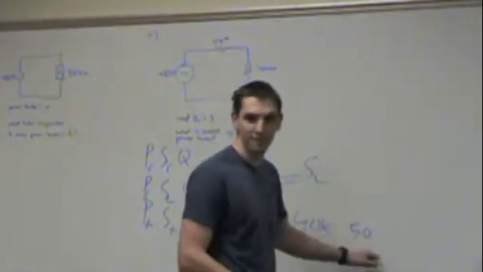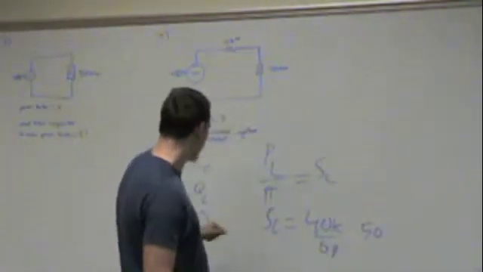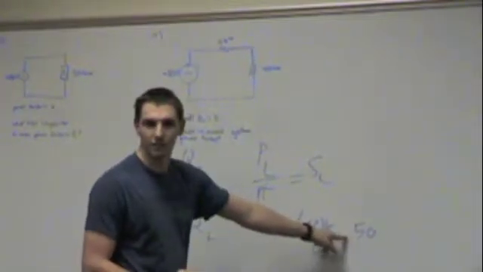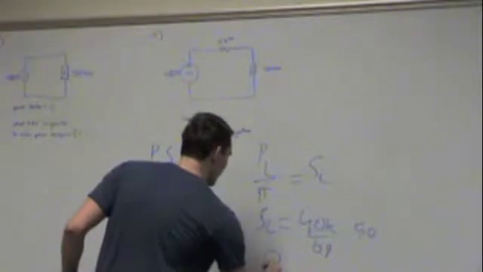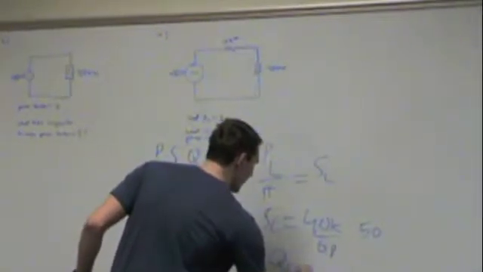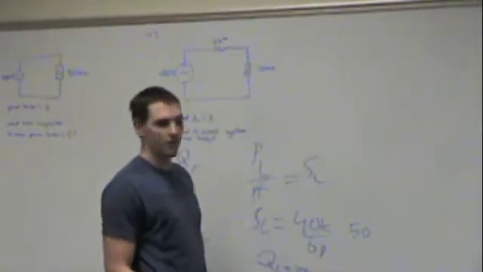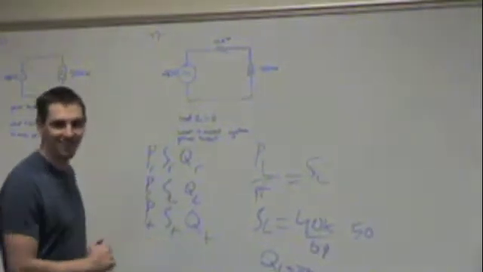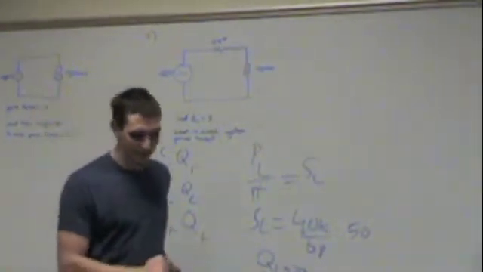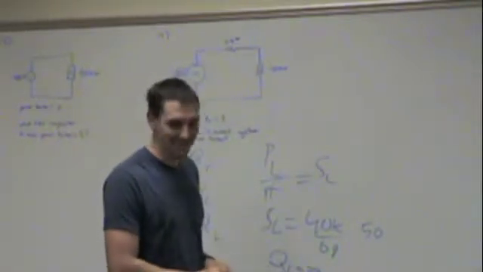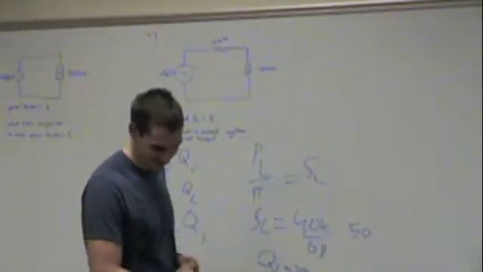What makes 50 cool is that it says K: it's a 3, 4, 5 triangle, which gives us QL equals 30K. We actually did the math on that and then realized it's a 3, 4, 5 triangle.